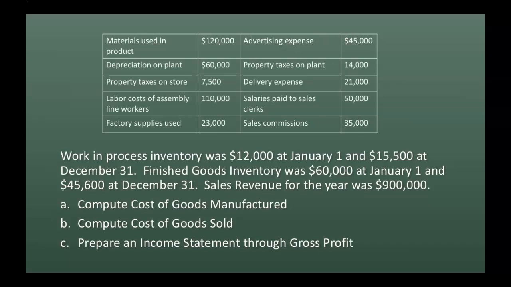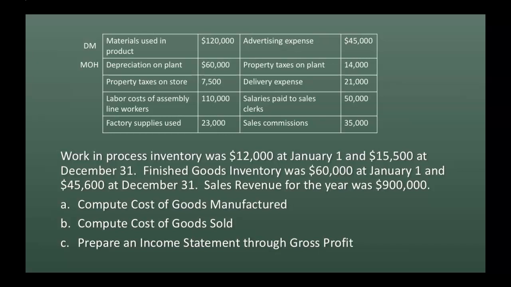So materials used in the product. Well, that's going to be a direct material. That's a material that you can trace directly to the product. Depreciation on the plant, so on the factory, right? So since it's on the factory where the products are being made, it's manufacturing overhead.